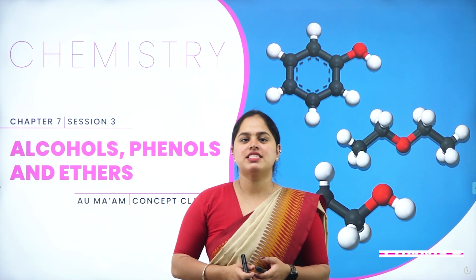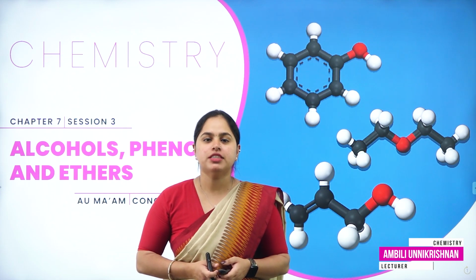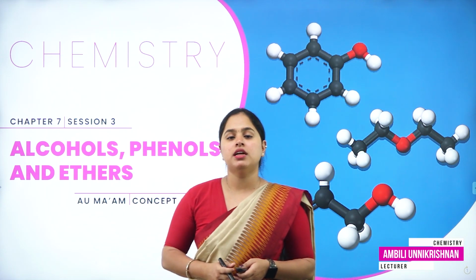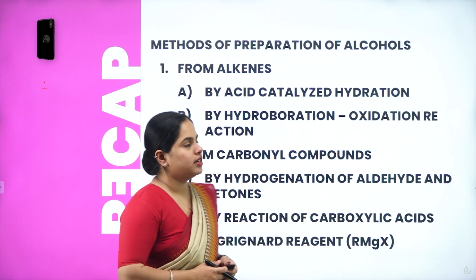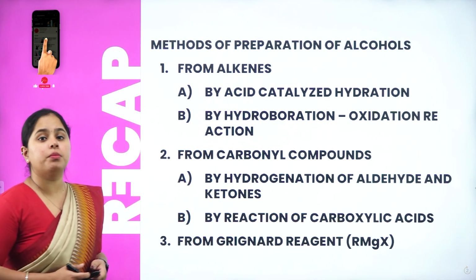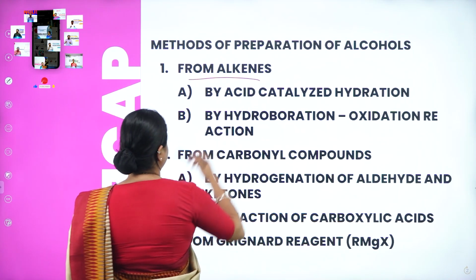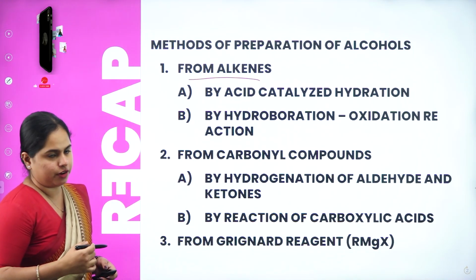Hello everyone, this is Ambli Unnikrishnan from the Department of Chemistry. Today I am back with session 3 of the chapter Alcohols, Phenols and Ethers. In the last session we discussed the different methods of preparation of alcohols. The first one was from alkenes, in which we studied 2 different methods.